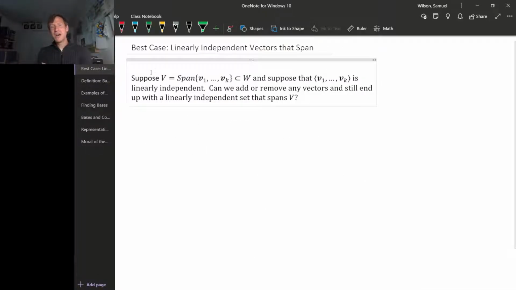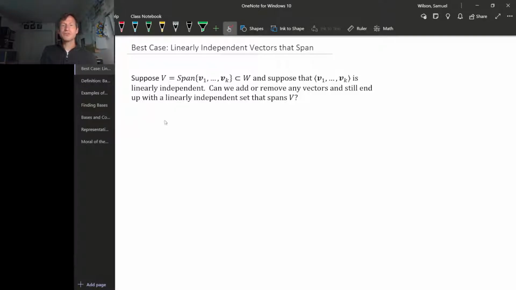Suppose that we have a vector space V spanned by some vectors v1 through vk, and suppose that V is actually a subspace of some larger vector space W. And let's further suppose that the v's are linearly independent. Can we add or remove any vectors and still end up with a linearly independent set that spans V? It seems like maybe we shouldn't be able to, but let's check.